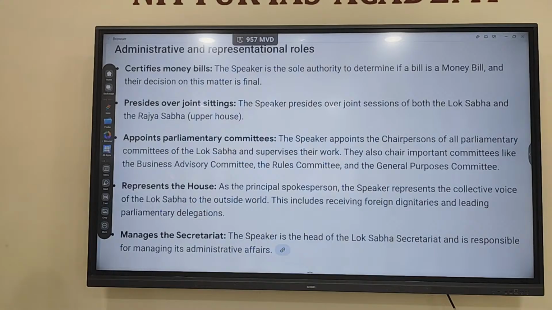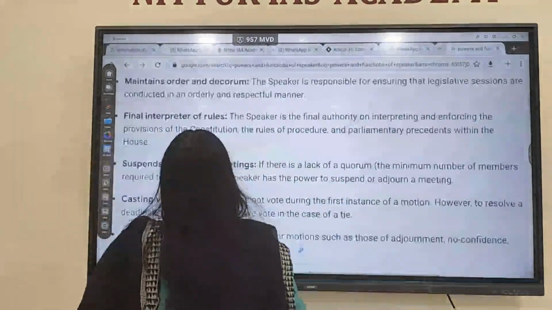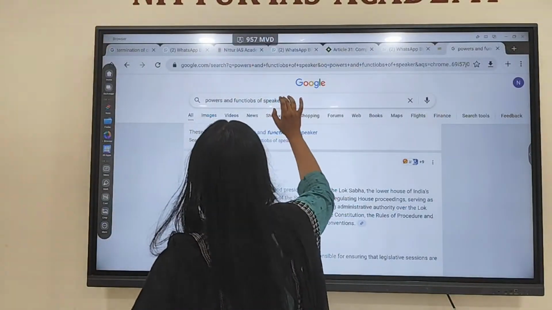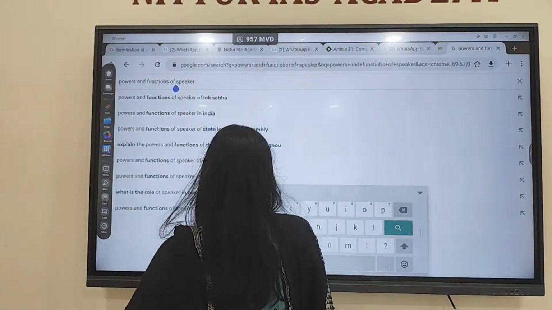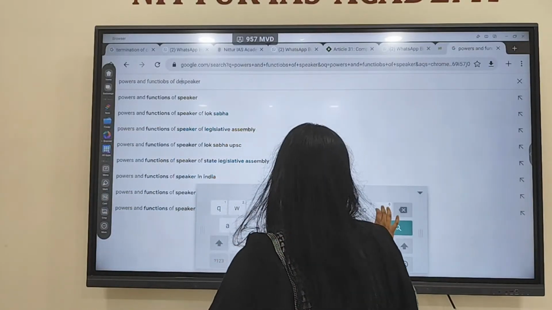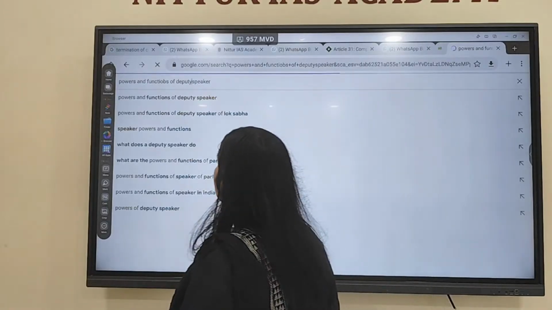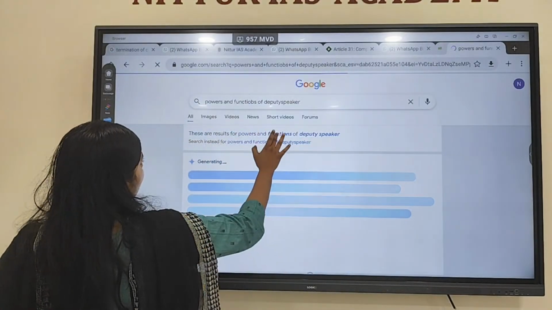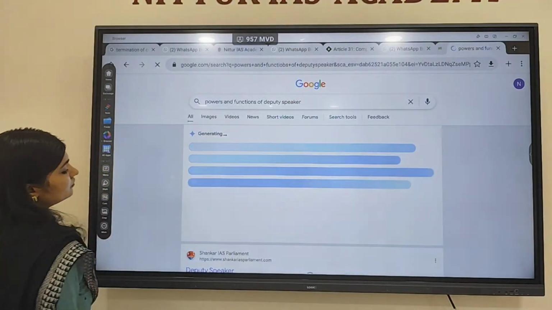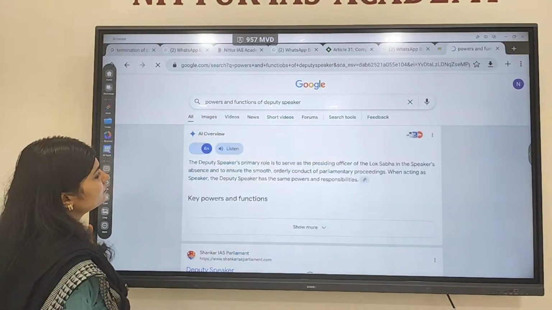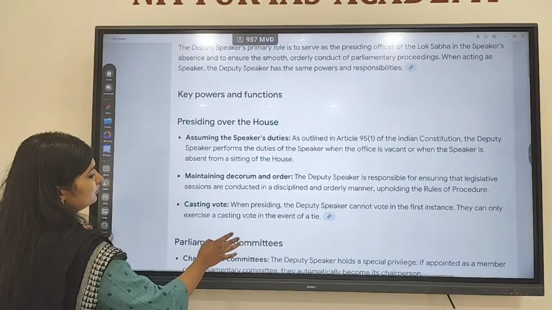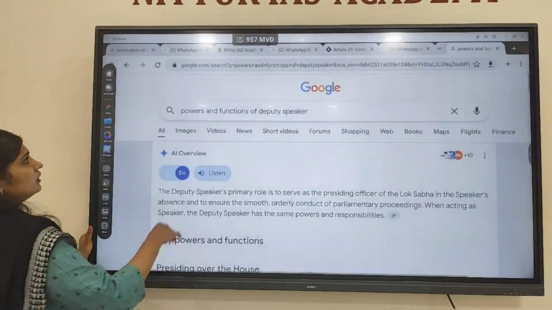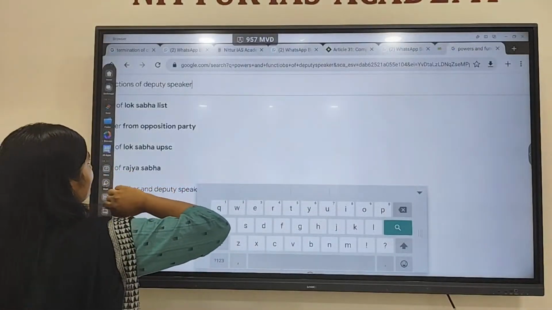Okay. Write down. Deputy speaker of Lok Sabha. The same like a speaker, okay, but write down it's a deputy speaker.